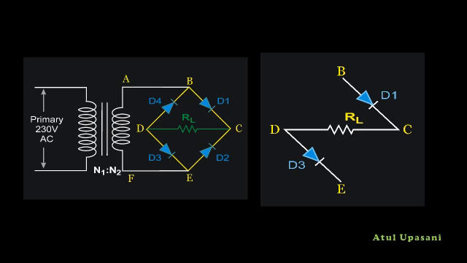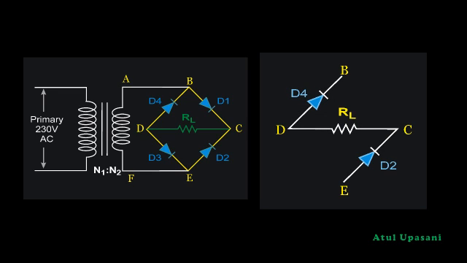So if you start from point A, the current will flow from A, B, D1, C, load resistance, D, D3, E and F. In this way, diodes D1 and D3 become forward biased. At the same time, the point F will have negative potential, due to which diodes D2 and D4 become reverse biased as shown in the figure.